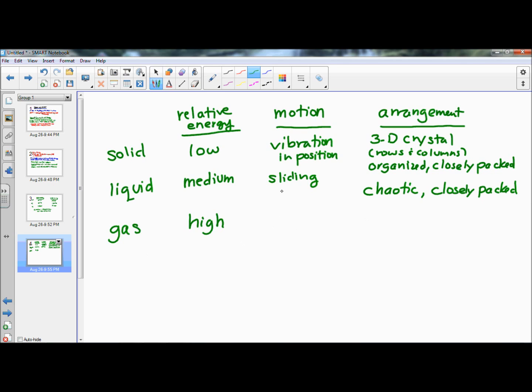Now, if we have these particles and they're sliding around and we tell them to go faster, slide faster and faster and faster, pretty soon what's going to happen is that a couple of them are going to start breaking away from this closely packed organization. So their motion then is going to become free.